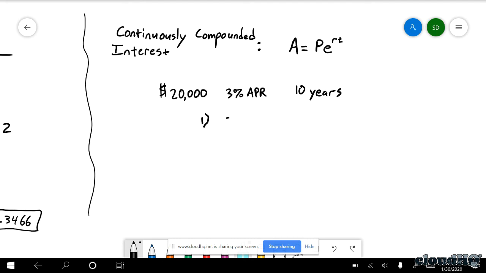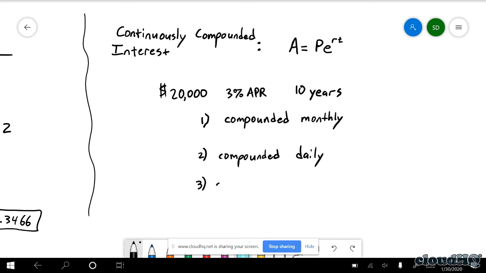One, if it's compounded monthly. Two, if it's compounded daily. And three, if it's compounded continuously.